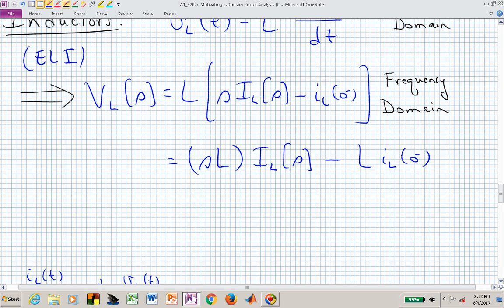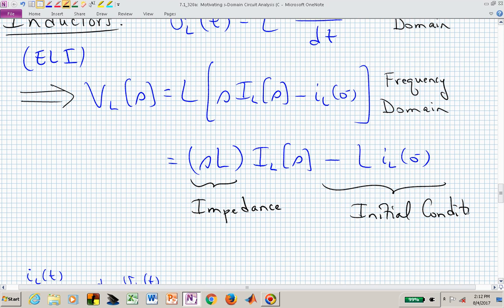And again, we can identify that our impedance in the S domain for an inductor is now going to be given by the product of S, the complex frequency variable, times the inductor value L, and then we have an initial condition term that is present because of this differential relationship between current and voltage in the time domain.